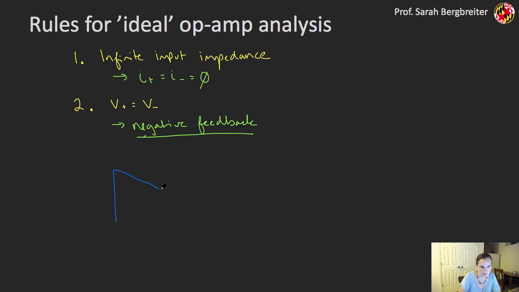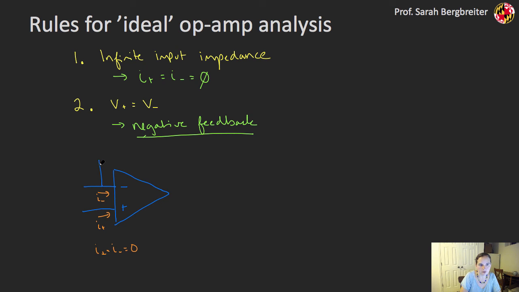To reiterate those graphically, I have my op-amp circuit right here with my non-inverting and my inverting input. For the currents going in here, I'm assuming infinite input impedance, so I plus and I minus both equal 0.